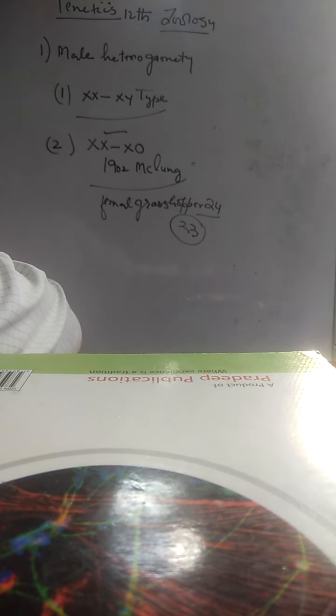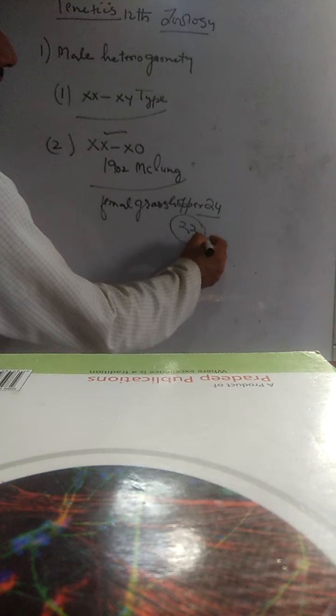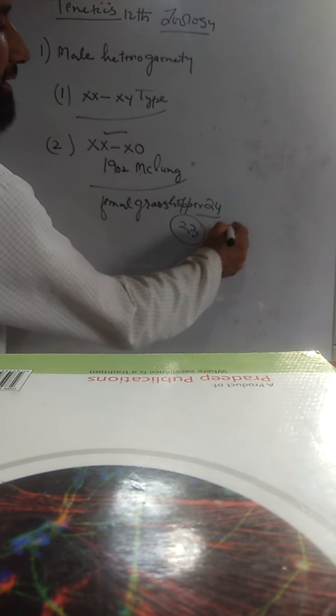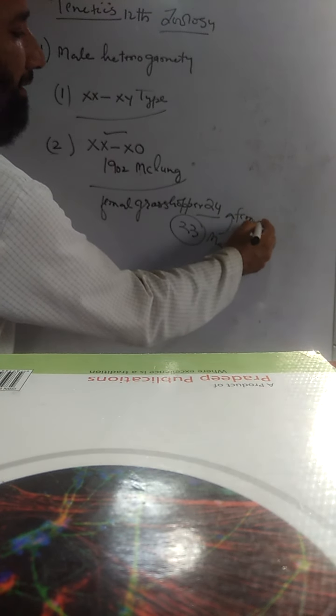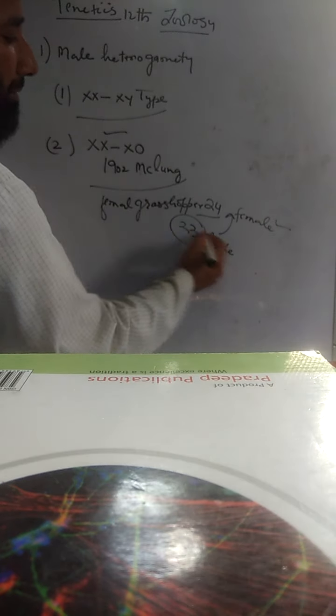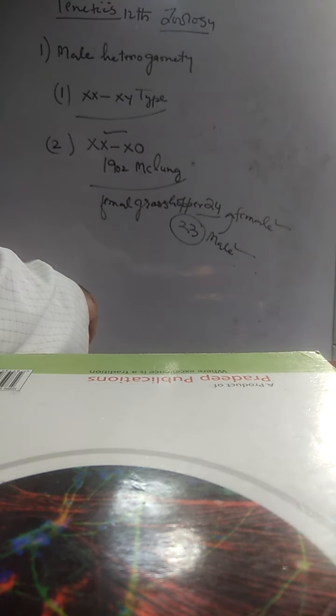The males had only 23, but the females had 24. This means the male had one chromosome less than the female.